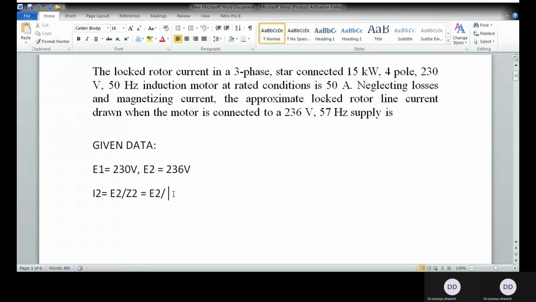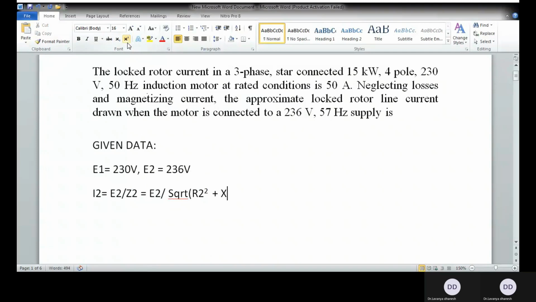So here it is the square root of R2 squared plus X2 squared.